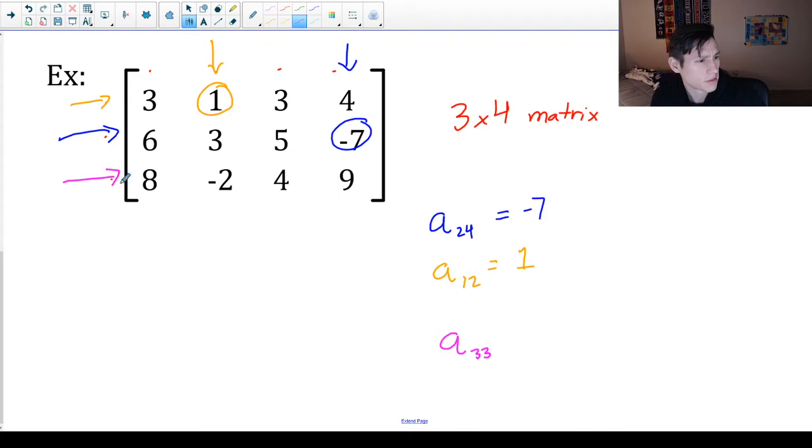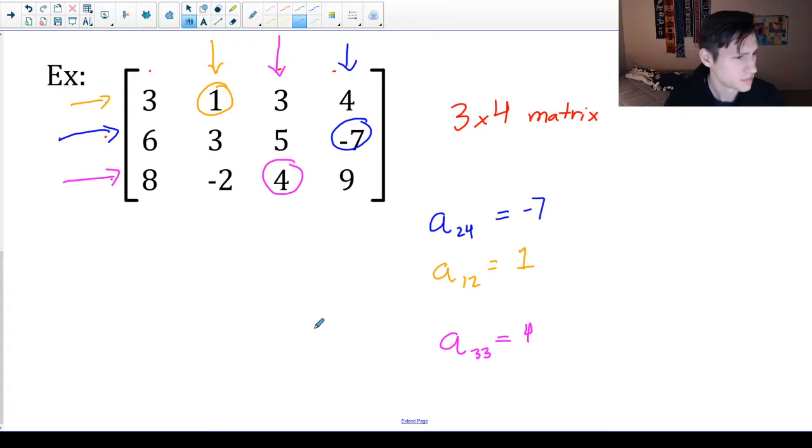So I go to the 3rd row in the 3rd column. That's where the 4 is. So we can pick out specific spots in the matrix by the row that it's in and the column that it's in. Where do those hit? Great, that's the number that I'm talking about.